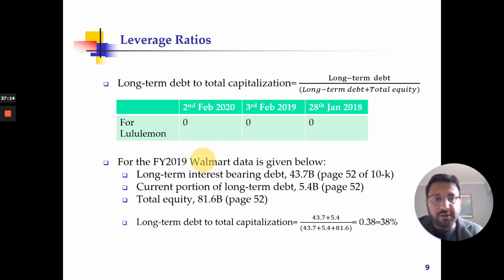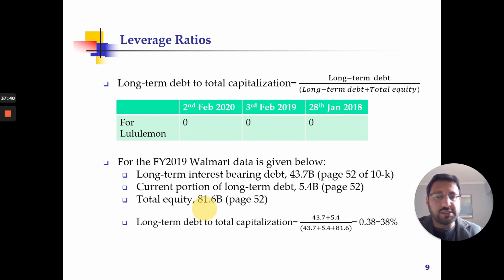So I went ahead with the Walmart data again from the fiscal year 2019. I found that the long-term interest-bearing debt from the long-term liability is 43.7 billion, which we already saw, and this is on page number 52 of the 10-K. The current portion of the long-term debt, which we again saw on one of the previous slides, is 5.4 billion.